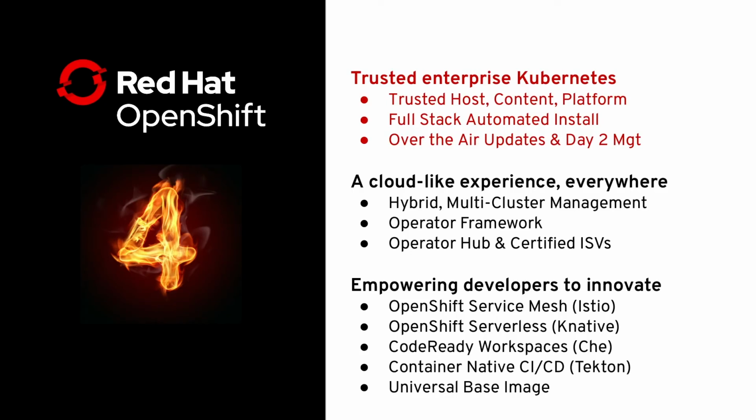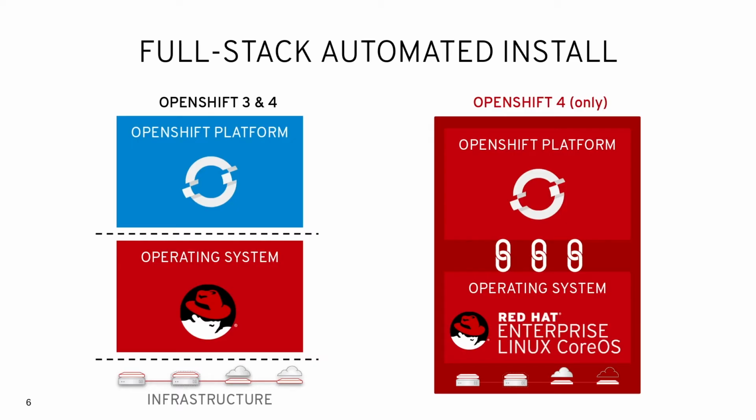So we start with the first part, the trusted enterprise Kubernetes, the infrastructure in OpenShift. The first big change introduced in OpenShift 4 is the way you install the platform.